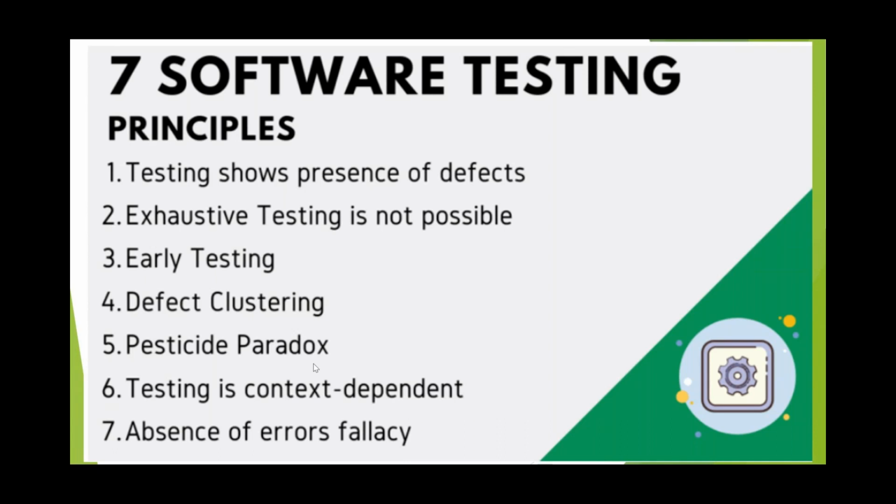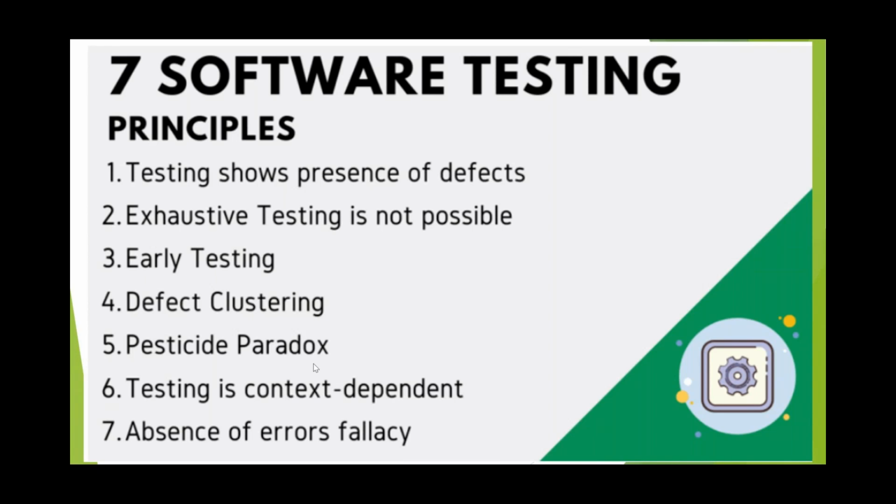In these cases we need to change the approach of testing by adding additional test cases, so that it will help us find the defects. So the pesticide paradox is a condition where our test cases are not able to find defects, and to eradicate it we add new test cases, think from a different perspective, add additional test cases or change the testing perspective. That will be the solution for this pesticide paradox.